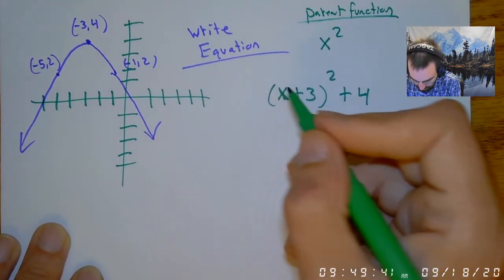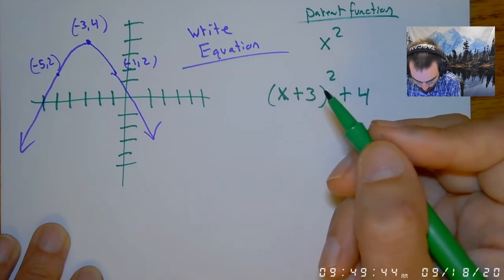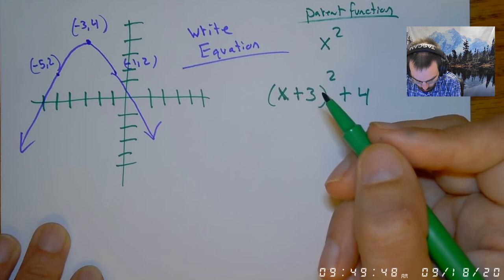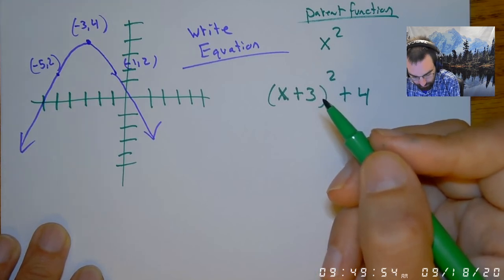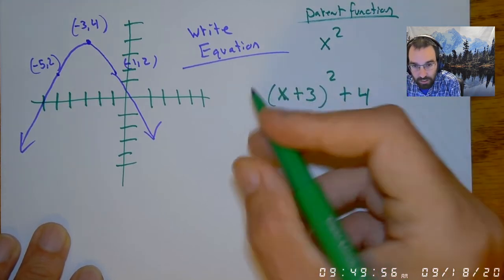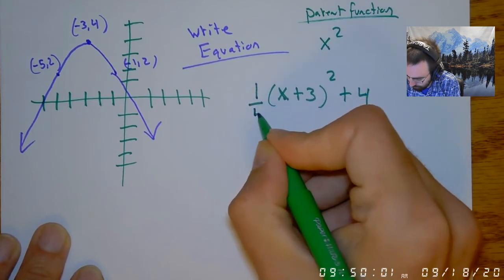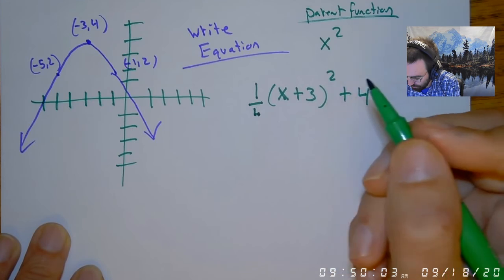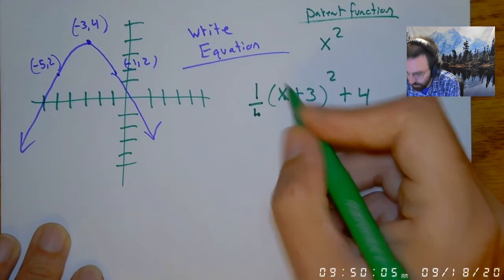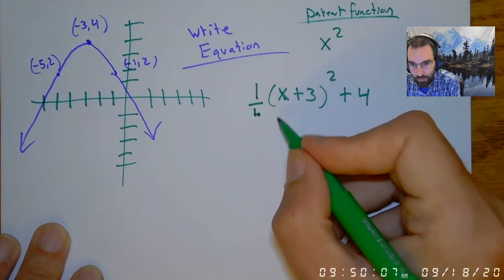Did I do that right? No. Anyways, right here I would write 1/4. No. Yes. -1 plus 3 is 2, squared is 4, half of 4.